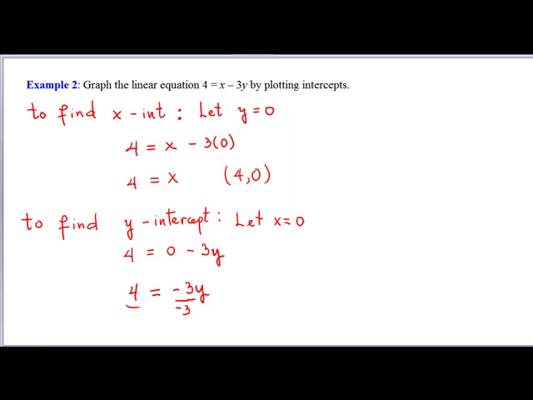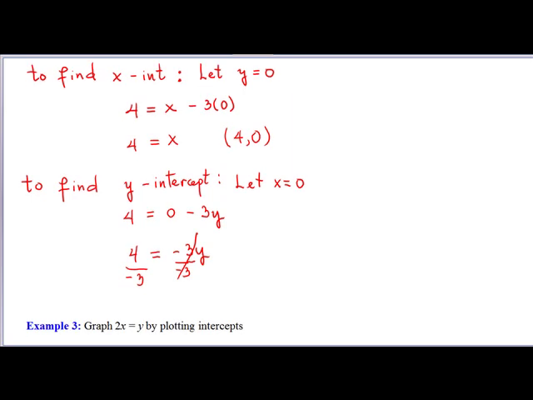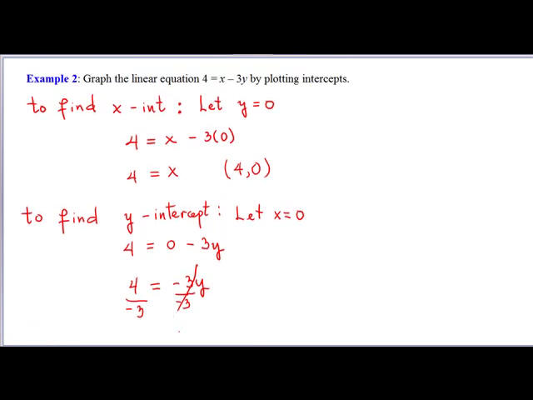We're solving for y, so you don't want to divide by y. So this cancels out, and we have only one y left. So I have y equal to minus 4 over 3. So our y-intercept will be (0, -4/3). Okay, so now we're going to graph.